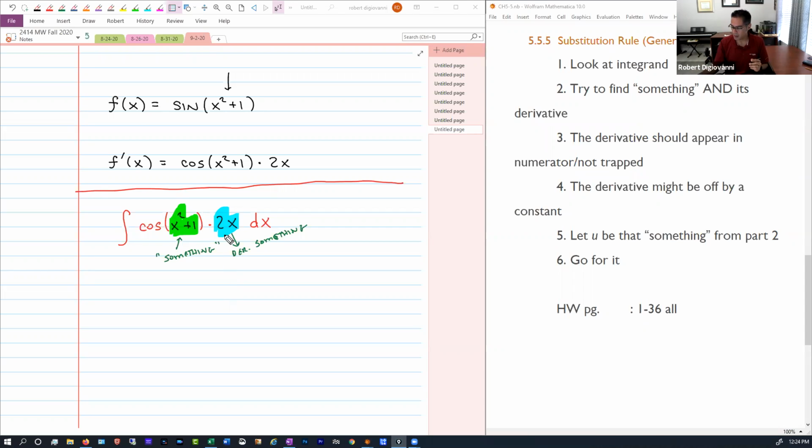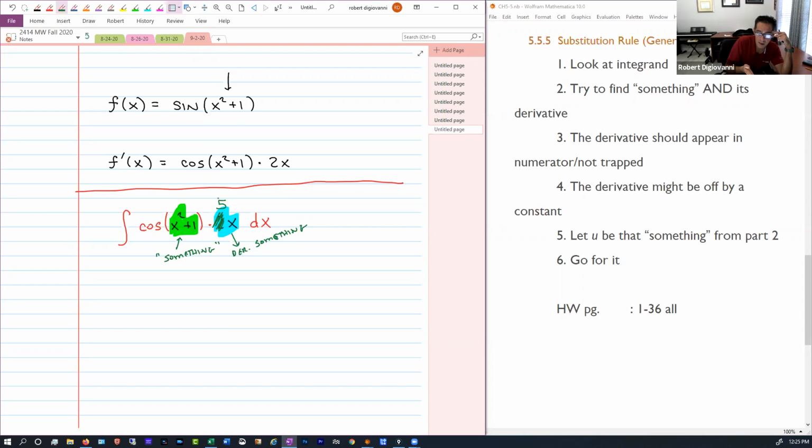Now, the next thing is the derivative might be off by a constant. In other words, let's just say, and this isn't the way it is because this is our first example, that this wouldn't have been 2x. Let's say the way the problem was given, it was 5x. So we would still see we have something, right? x squared plus 1. The derivative of x squared plus 1 in our minds would be 2x, right? What would we have though? 5x, right?